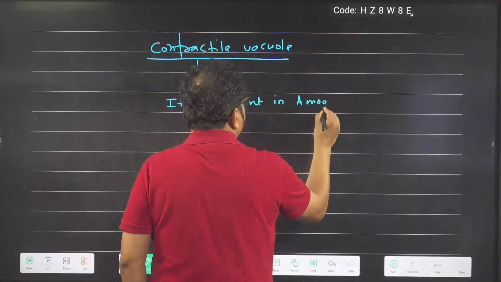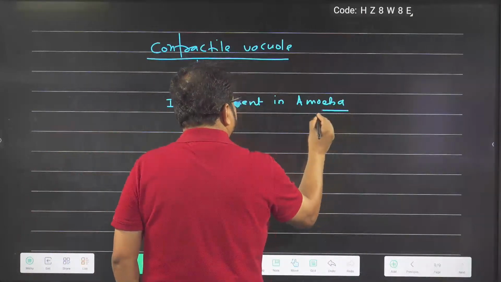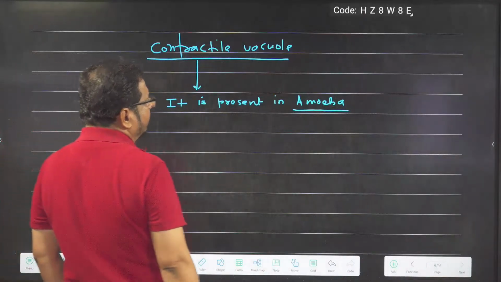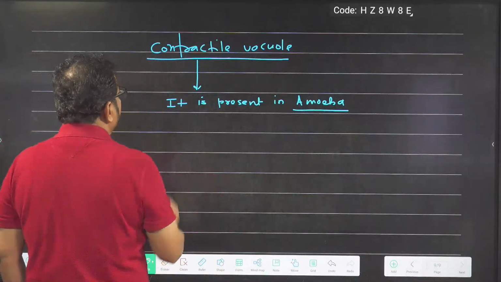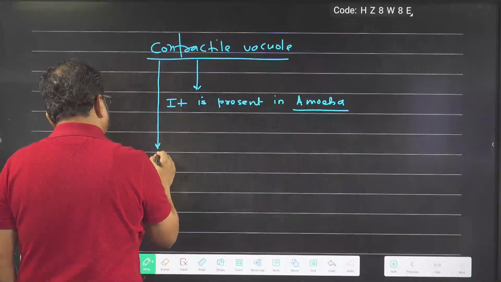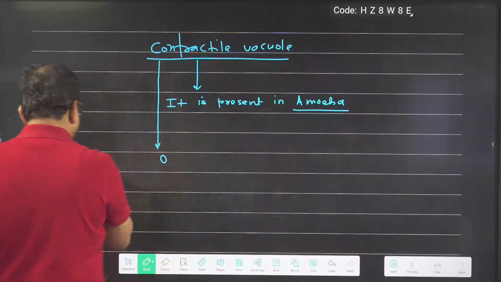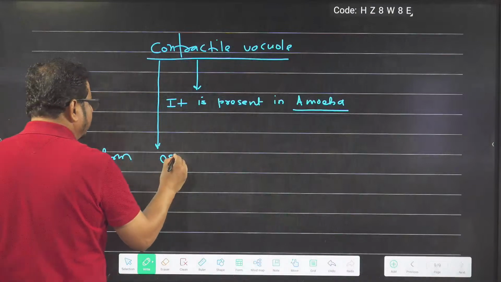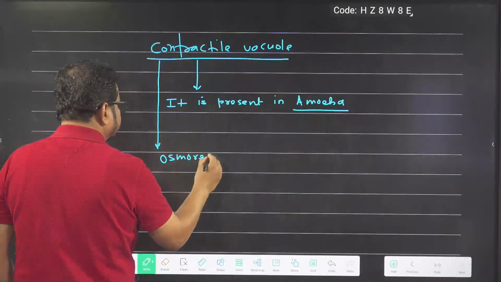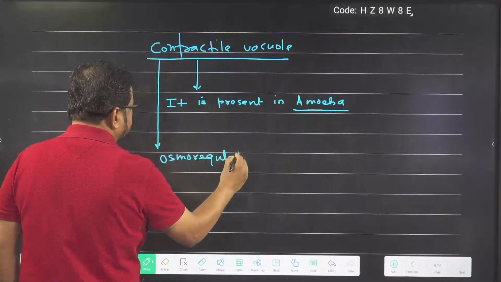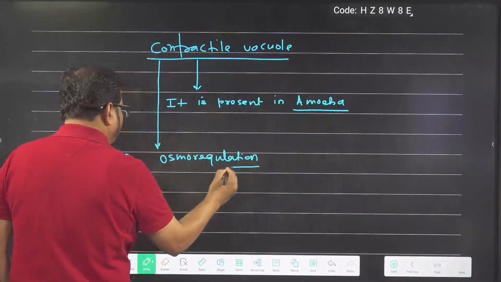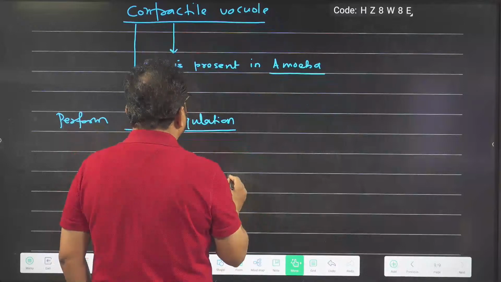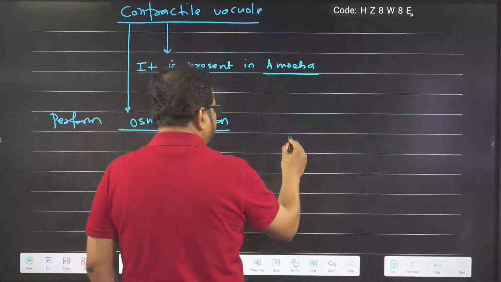For your understanding, I am telling. This contractile vacuole is not present in every living organism. Amoeba is a single-celled animalcule. So this contractile vacuole is responsible for performing osmoregulation. Now, what is the need of the contractile vacuole? I am telling you, you will understand it better.